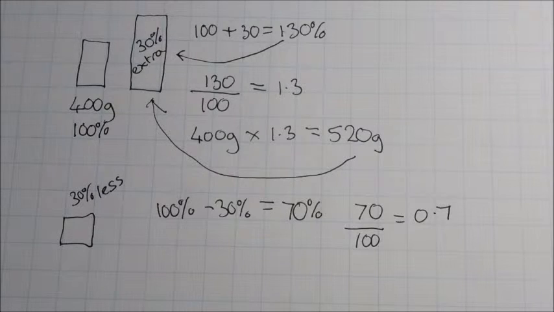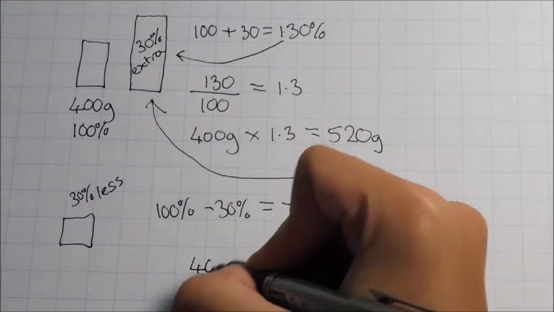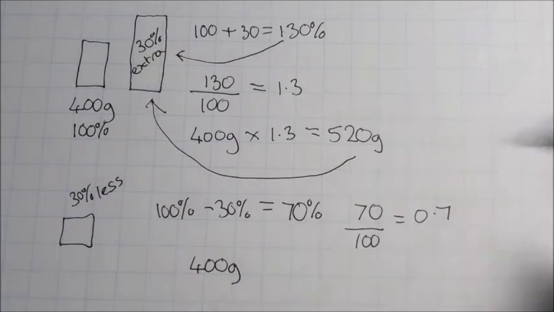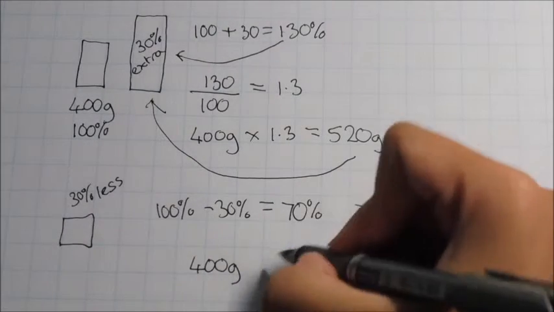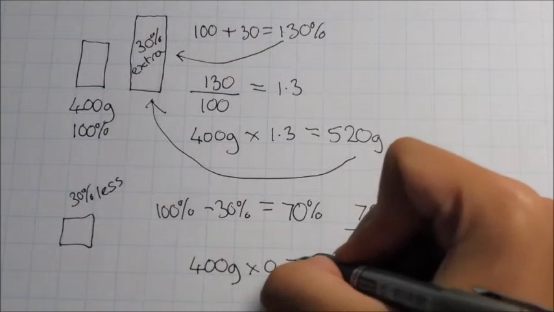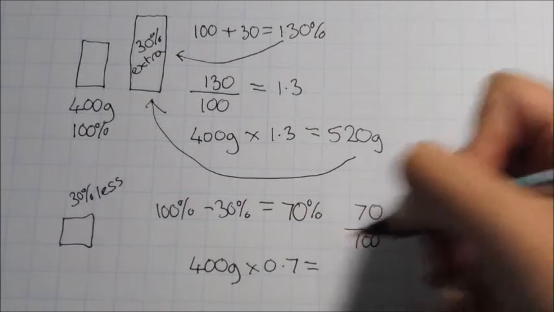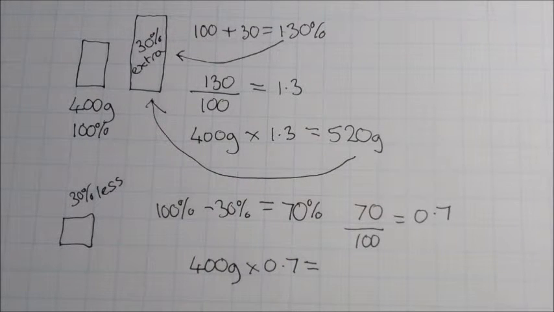So what do you think you've got to do with this? Well, the idea that it's a multiplier should give you the indication again that it is 400 grams, which was your original amount of cereal, and this time you're multiplying it by 0.7. So what is 0.7 times by 400? Well, that is your new amount of cereal.